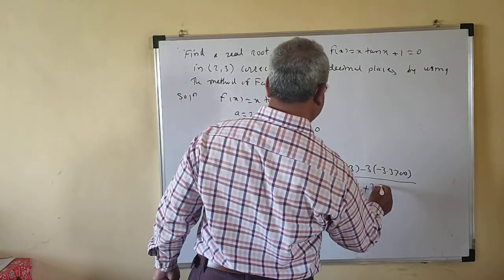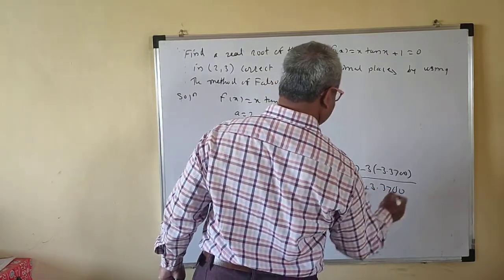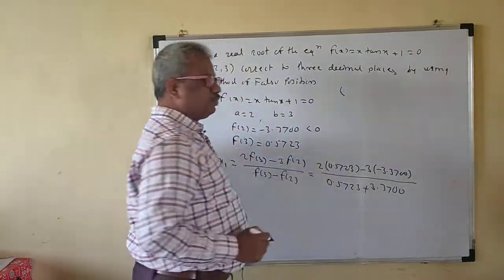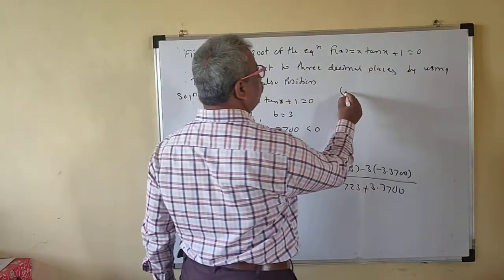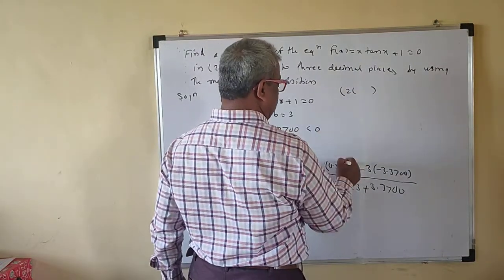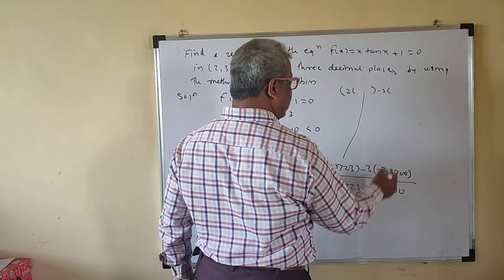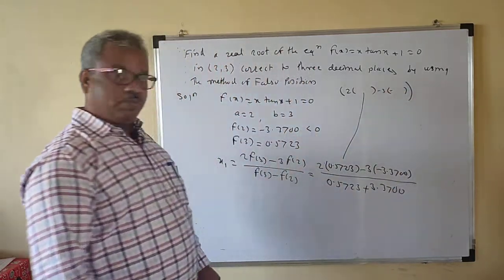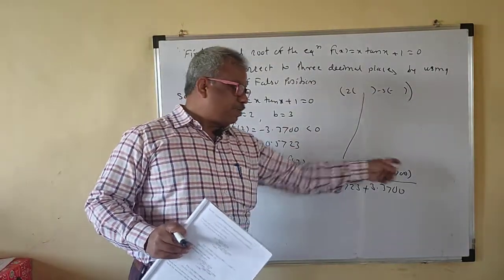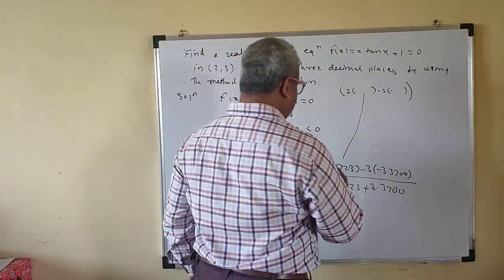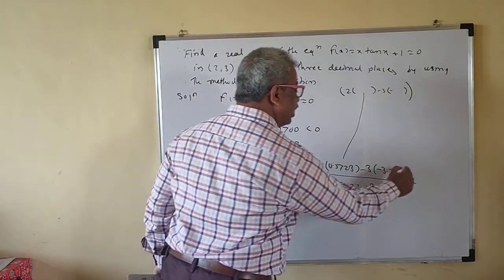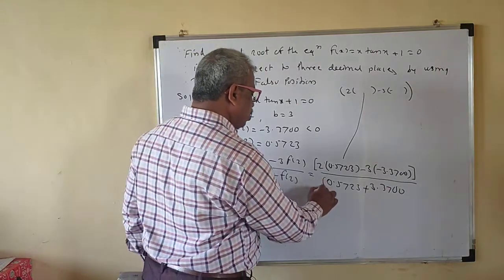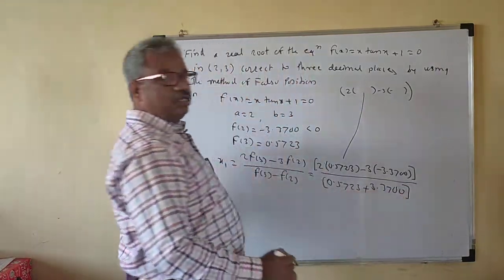How to do this with the help of the calculator? Write bracket, then 2 into bracket, this figure, then minus 3, write bracket, this figure along with the minus sign, bracket complete. This is the bracket for the numerator. First find the numerator in bracket, then divided by, then write the denominator in bracket.